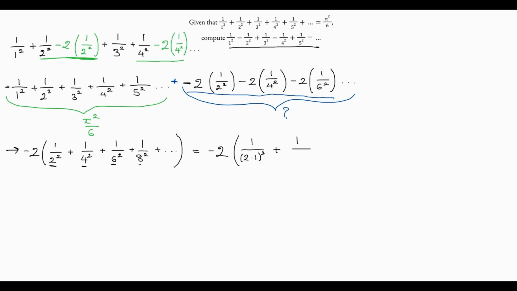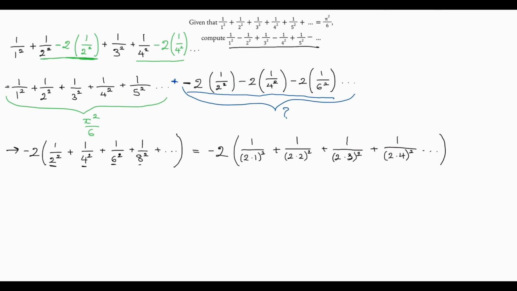Our next term is 1 over 4 squared. 4 can be rewritten as 2 times 2, so we'll write that in and square the whole thing. Our third term is 1 over 6 squared, and 6 can be rewritten as 2 times 3. I think you can see where I'm going with this. We're squaring this. And finally, our fourth term is 1 over 8 squared, which is also 1 over 2 times 4, all of that squared, and so on.